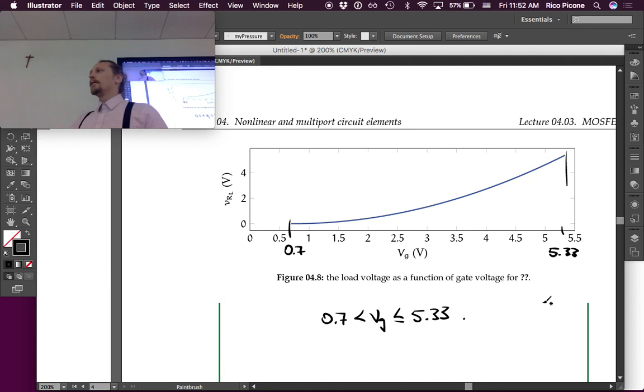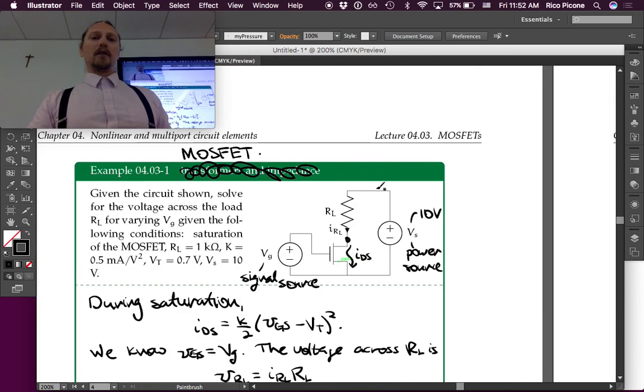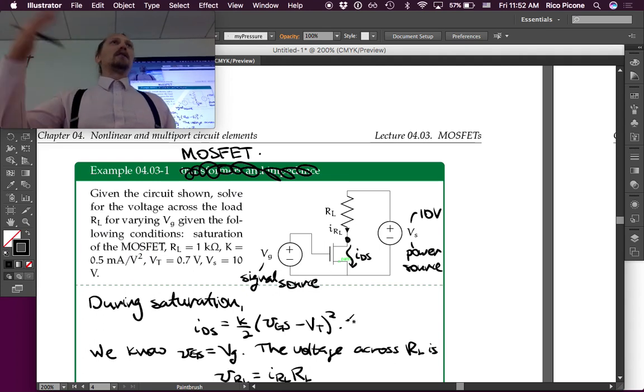Power. There's going to be current drawn by this load from VS, whereas VG experiences no current draw because it's just seeing this infinite impedance. So it's just changing however it wants, and it's easy to change.